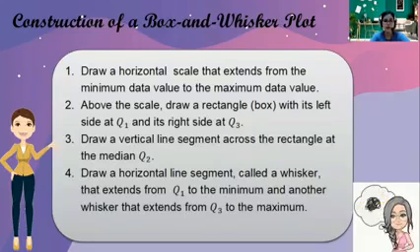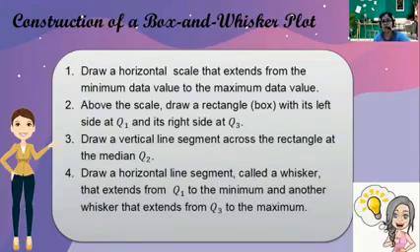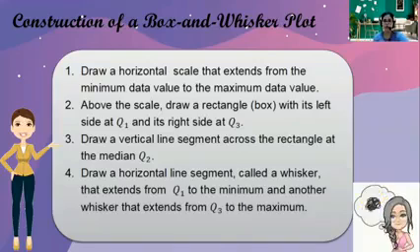Number 2, above the scale, draw a rectangle box with its left side at the first quartile and the right side at the third quartile. Please note, when drawing your rectangle box, make sure to align it to the values of your first and third quartiles.